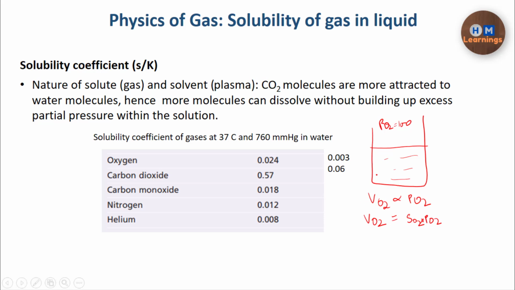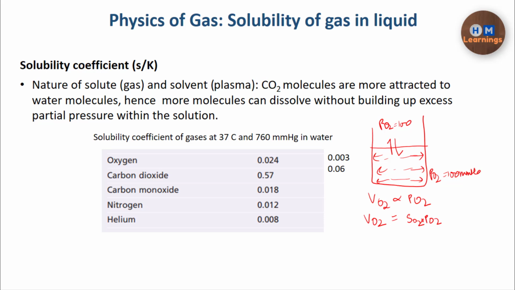Basically, after equilibrating with the gaseous phase, even when oxygen dissolves in the water or in the plasma, it is still exerting the partial pressure. It is still having the pressure which acts against the wall, against the blood vessels. So how much pressure is exerted by the dissolved oxygen in the plasma? That will still be equal to the PO2 of 100 mmHg.